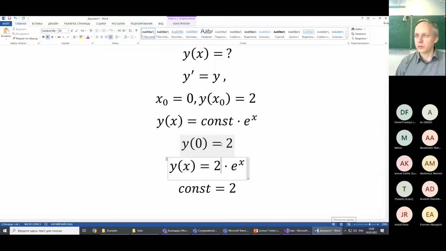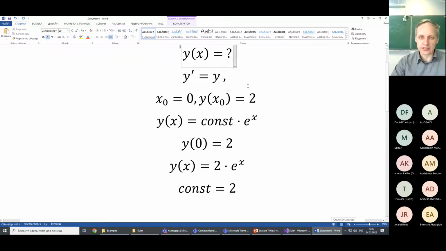In this type of equation, the unknown is a function, and we are going to find the function that satisfies some property. The property is that we know the derivative of this function.